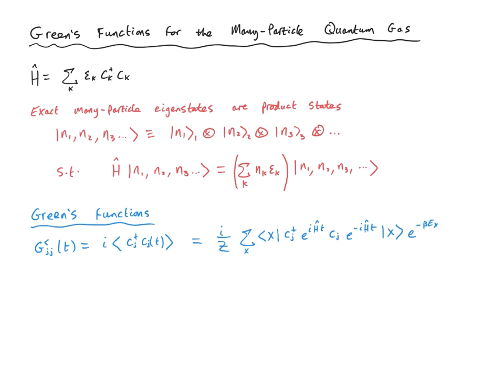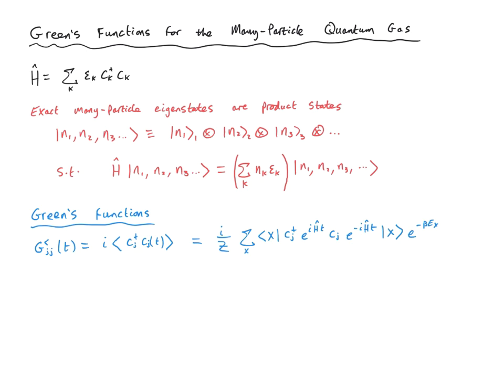Note here that we're summing over all possible eigenstates of our many-particle system. The important point, however, is that this c_j operator and this c_j dagger operator only act on site j, and they commute with operators for all the other orbitals in the system. That means that even though the eigenstate denoted ket x here involves all of the orbitals, 1, 2, 3, and so on, these operators only act on the jth orbital.